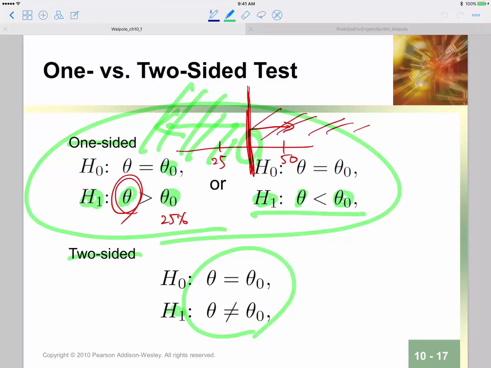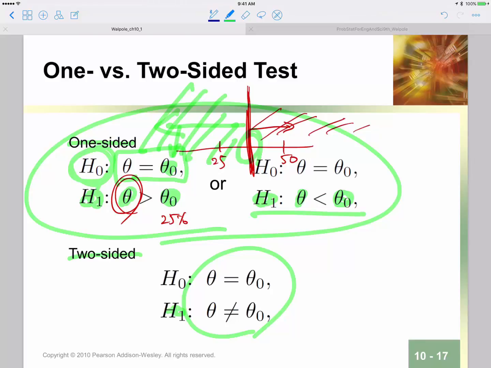So usually, in most hypothesis testing, the null hypothesis that the enemy is claiming has specific information about the parameter. For example, this null hypothesis is claiming that this theta of our interest is specifically the same as a particular value, theta 0.